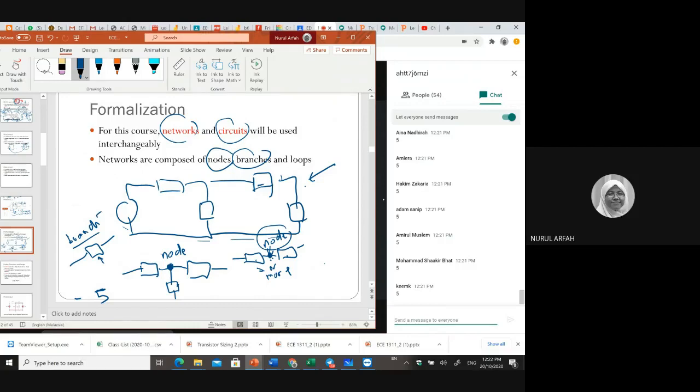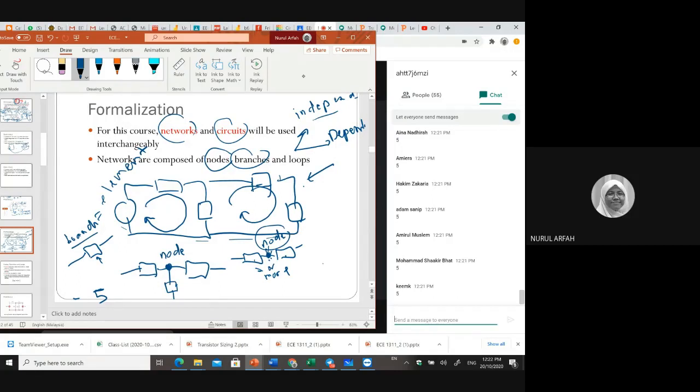Remember, a branch is an element. Okay, any branch is any element. Okay, what is a loop? A loop is anything where you can have a closed loop, a closed path. So you have 2 loops, but there's something we call independent and dependent loops.